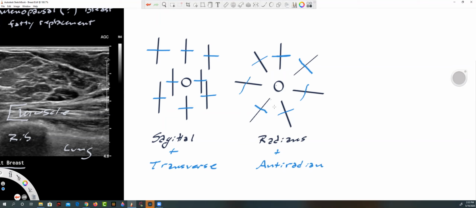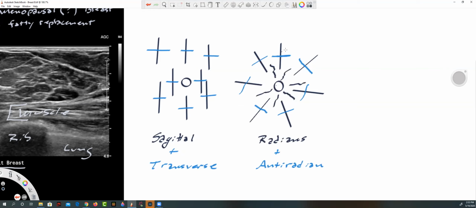The nice thing about radian and anti-radian, especially with the radian, is that the black line, either the head or the foot of the transducer, is pointing towards the nipple. Well, that's nice because we have ducts coming in to the nipple from the outside. And so when you're in the radian position, you're more likely to find a duct in long. I find it's better.